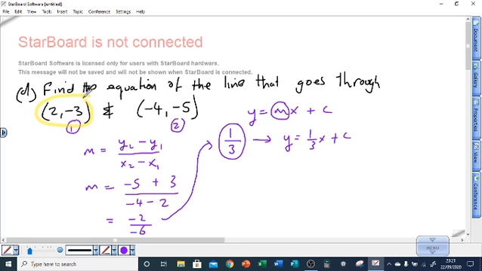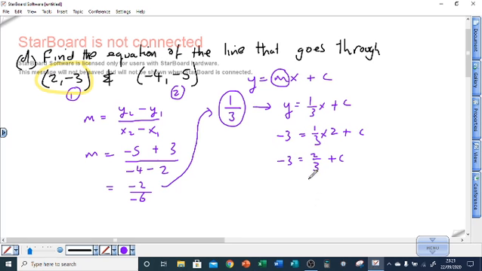So I'm replacing the y with minus 3. Minus 3 equals 1/3 times x. X is 2. Plus c. 1/3 times 2 is written as 2/3. So minus 3 is equal to 2/3 plus c.